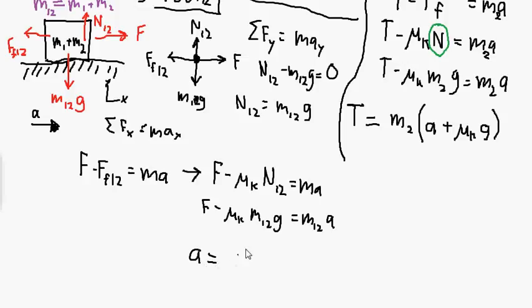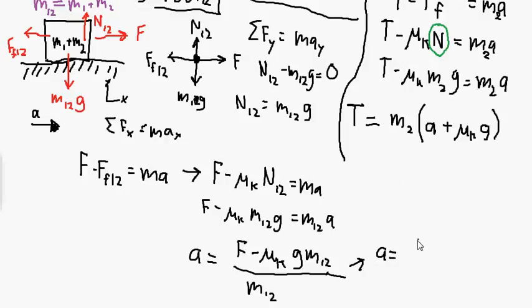So a equals F minus mu_k g M12 over M12. And then we finally just factor this out a little, and we get a equals F over M12 minus mu_k g.